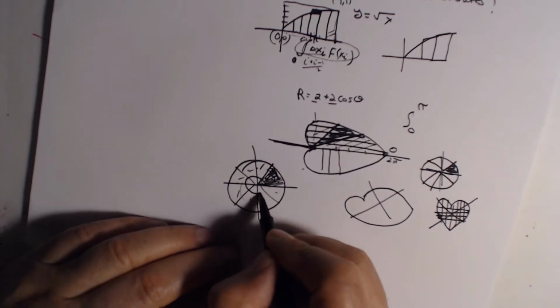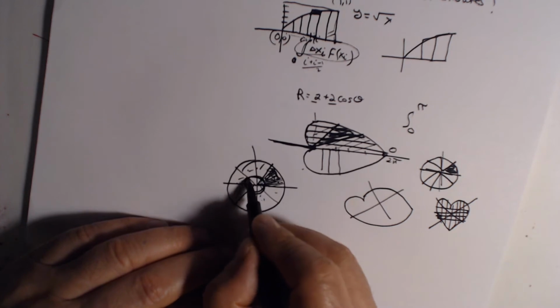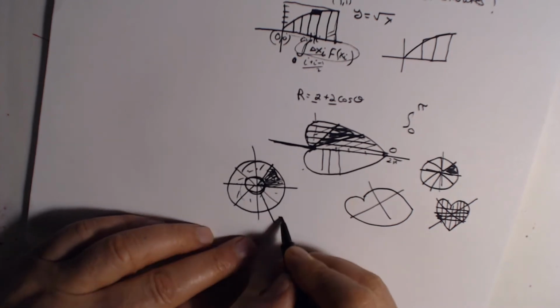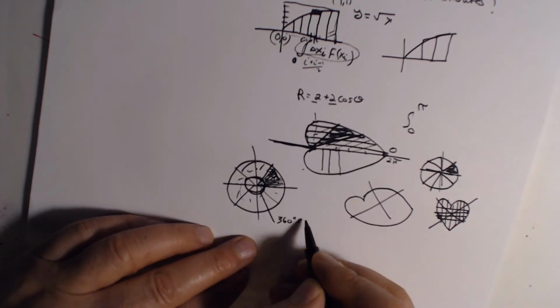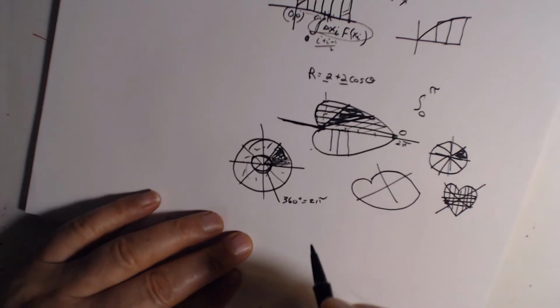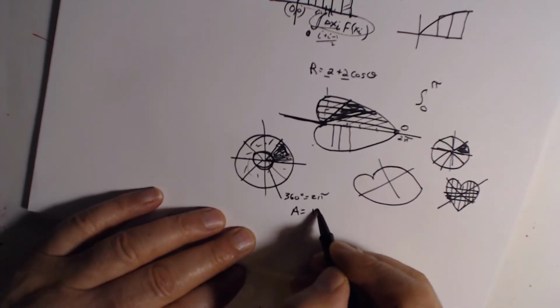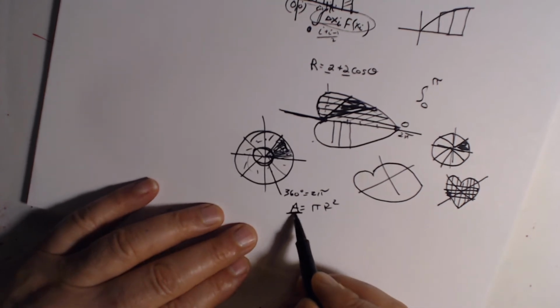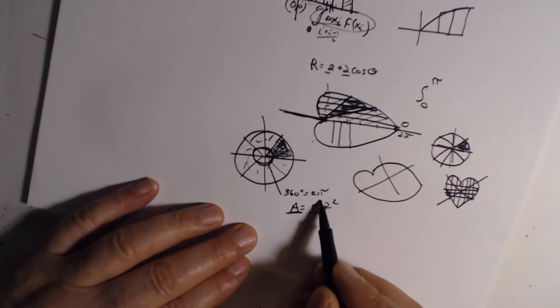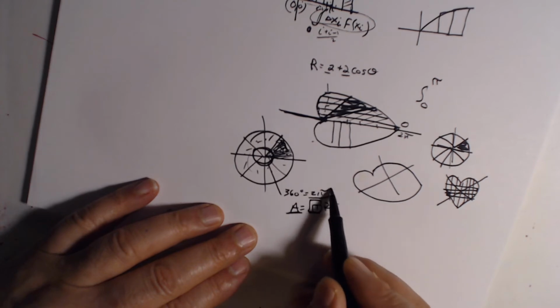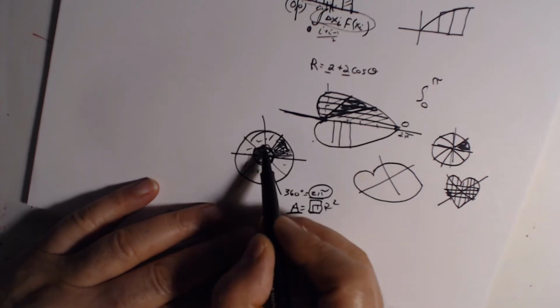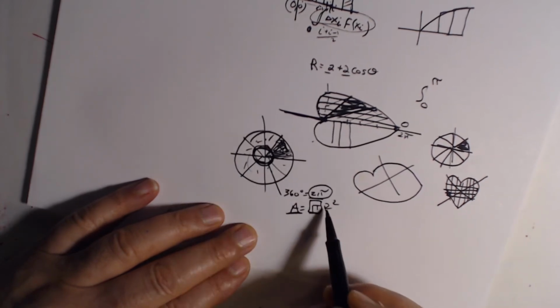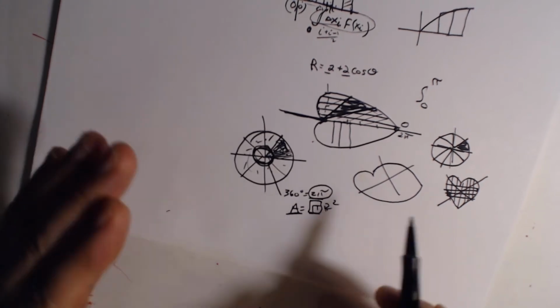Remember, the total angle for a circle is 360 degrees or 2 pi, and the area of a circle is pi r squared. Therefore, you should know the area always eats up half of the given angle, only half.